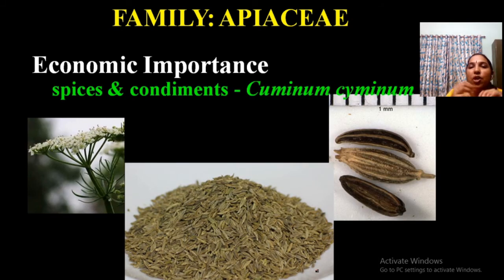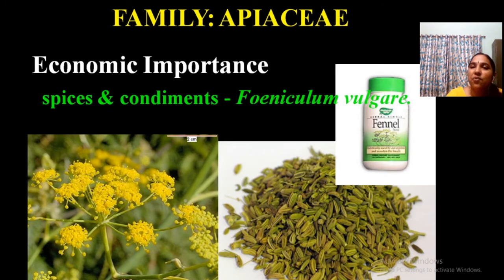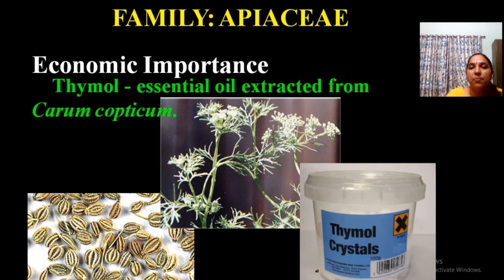Then another important one is Cuminum cyminum, the jeeragam, a common spice that we use. Another common spice is Foeniculum vulgare, perinjeeragam, or fennel, available in packets. Foeniculum vulgare is famous in biryani.